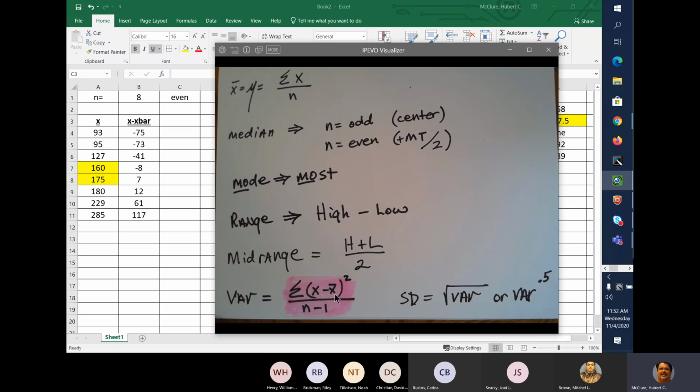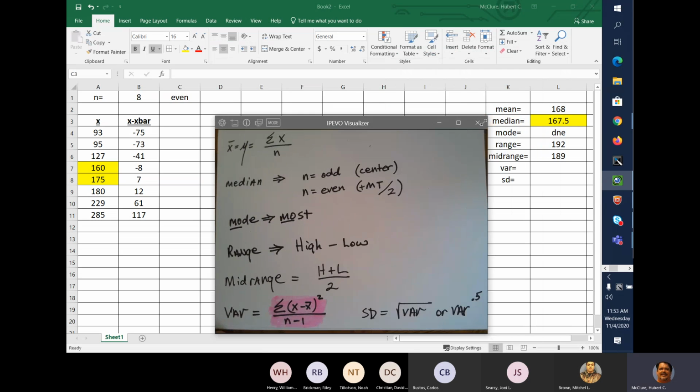So what am I going to do now? Please, I did parentheses. Next, exponent. So I'm going to take that number and I'm going to raise it to the what? Second power. So that's what we're going to do now.